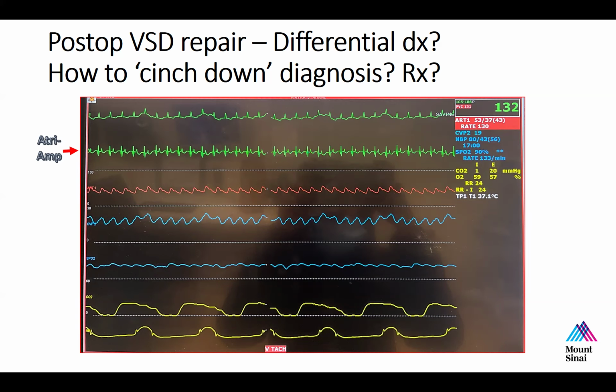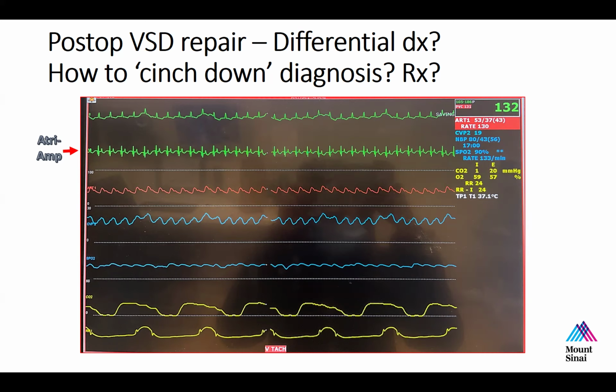So you could have first degree block, but I think it's so much closer to the preceding QRS, it would be hard to suggest that. If I just saw the atrium strip, you could perhaps argue that maybe they're, I don't even know if you call it a supraventricular tachycardia because we're not even that tachycardic right now.